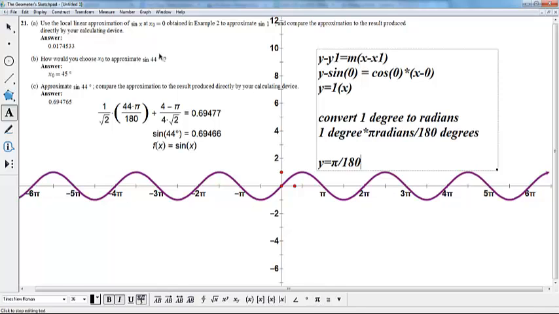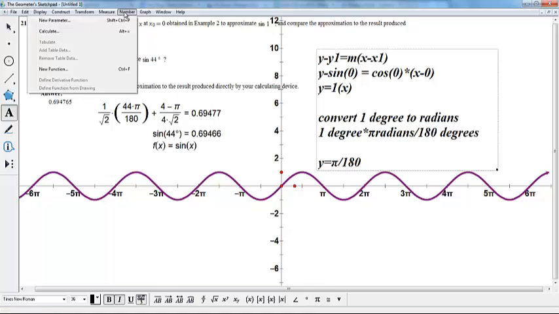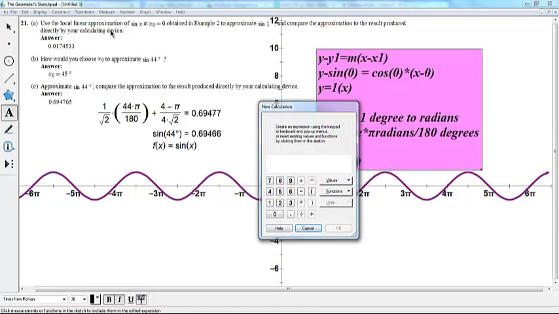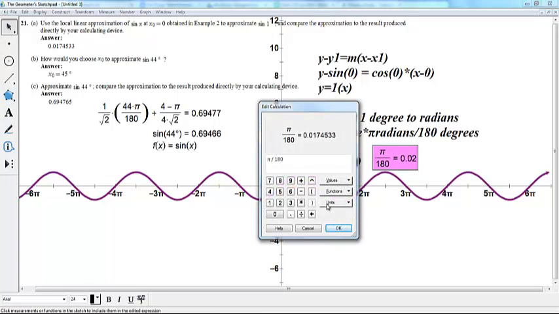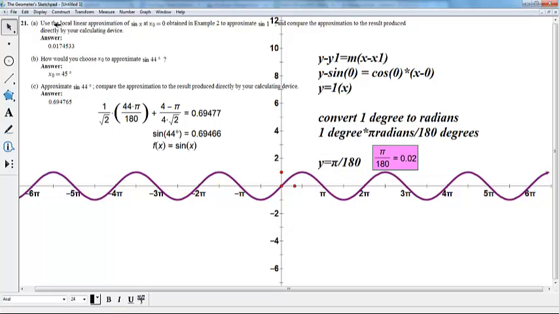So let's just do that. We're going to calculate pi divided by 180, and you get 0.02, which I think we can make better.